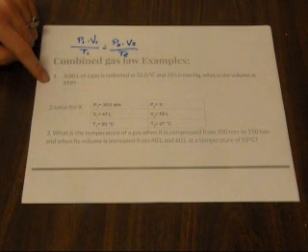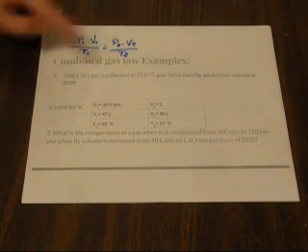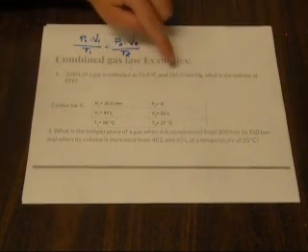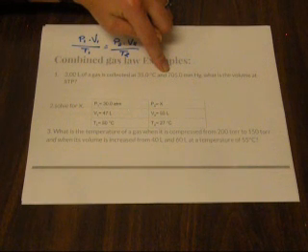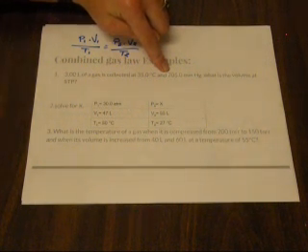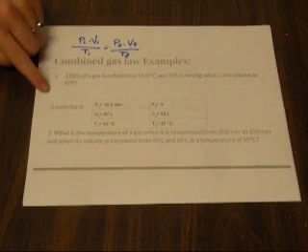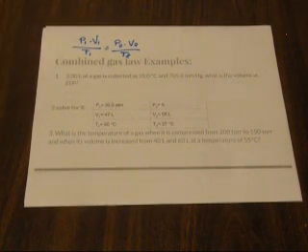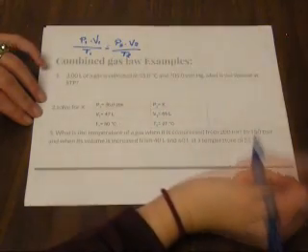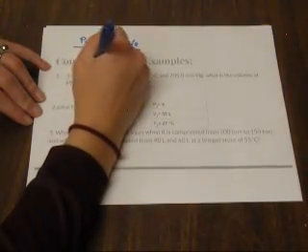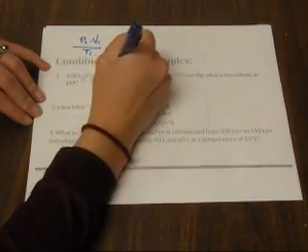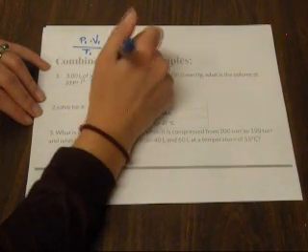So for the first one, we have 3 liters of a gas collected at 35 degrees Celsius and 705 millimeters of Hg, and we are trying to find the volume at STP. When it says STP, that means standard temperature and pressure. So we're looking for the volume.